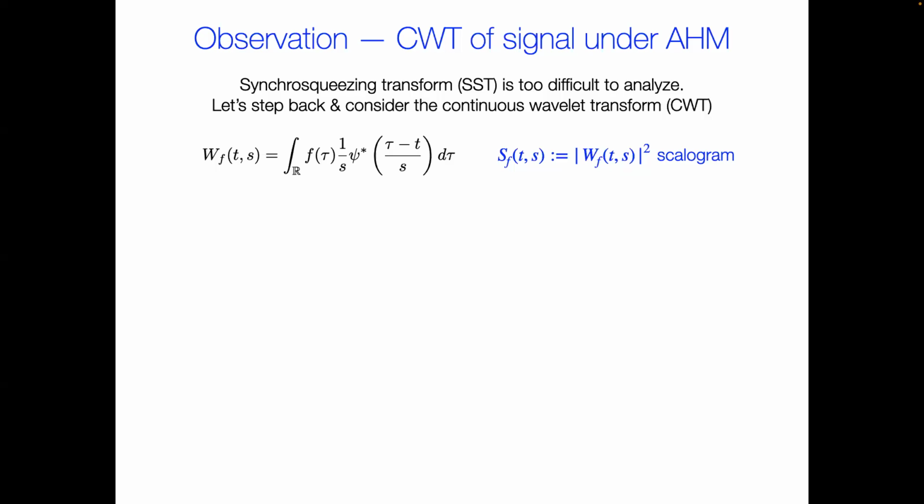So you just convolve f with some dilated mother wavelets. When you do the convolution, you dilate ψ by s. Okay, that is the continuous wavelet transform. Once you get it at different time and different scale s, you take the absolute value and square. That is what people call the scalogram.